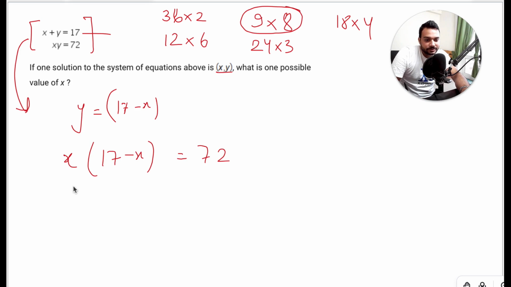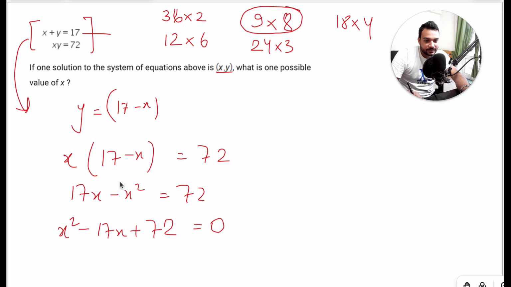This becomes 17x minus x squared is equal to 72, a quadratic equation. Let's get the coefficient of x squared as positive: x squared minus 17x plus 72, bringing everything to the other side, is equal to 0.